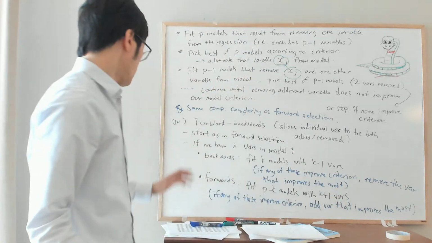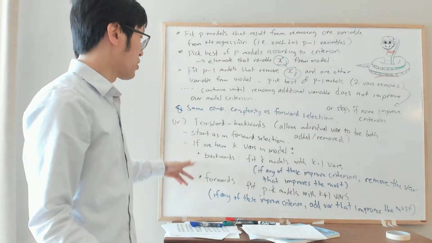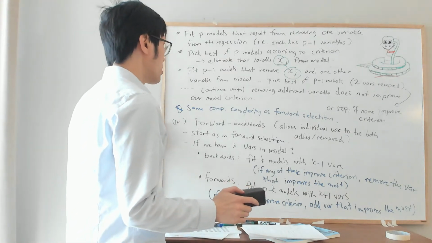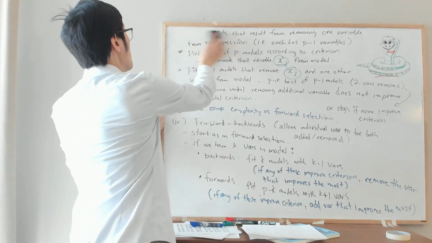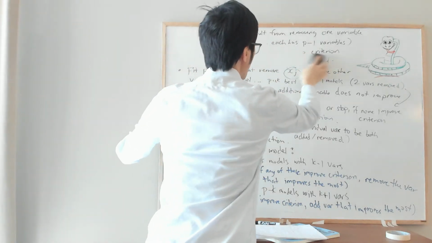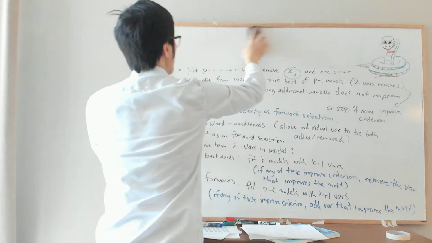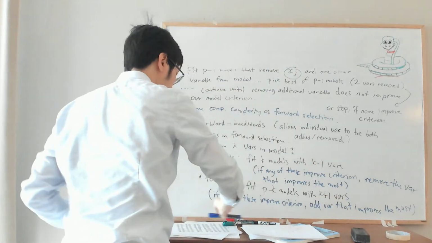So it combines the features of both the forward and backward basic procedures. Those are some of the earliest so-called stepwise selection methods.